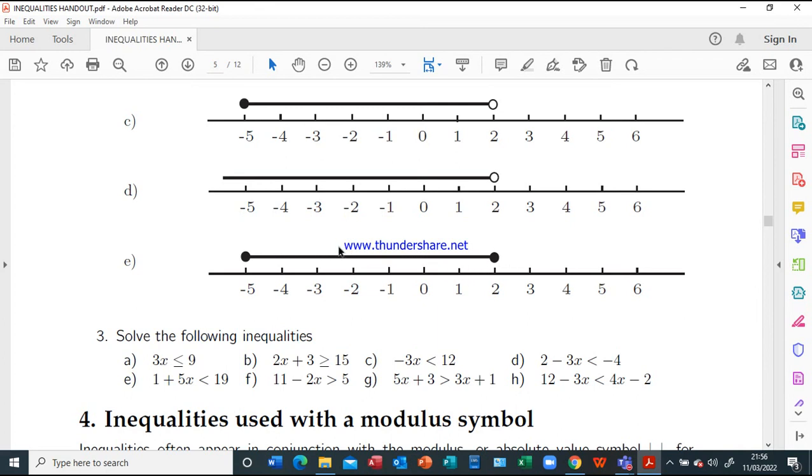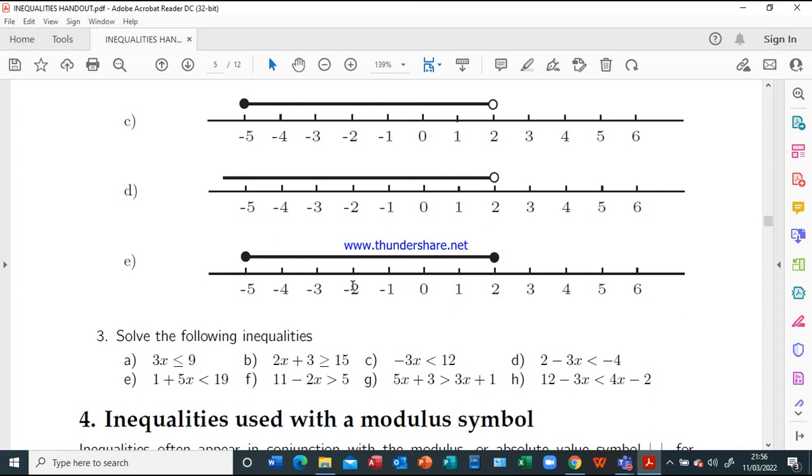But on the other side, the same x is greater than, but you can't mix greater than and equal to, so you begin with negative 5. X is in the middle here. So negative 5 is less than or equal to x, which is less than or equal to 2.